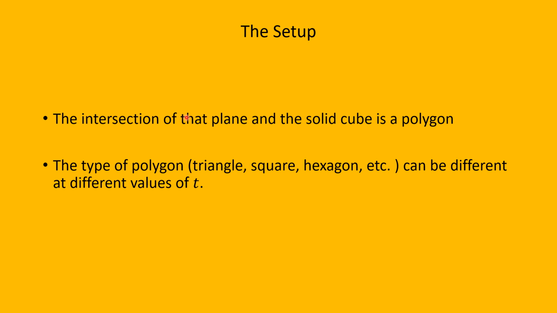The intersection of that plane and the solid cube is a polygon. The type of polygon that you have, triangle, square, hexagon, etc., can be different at different values of t.